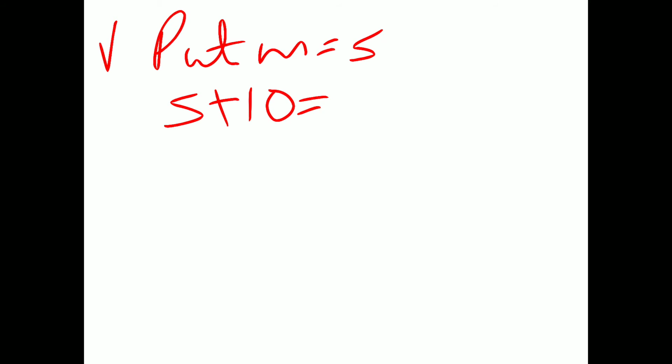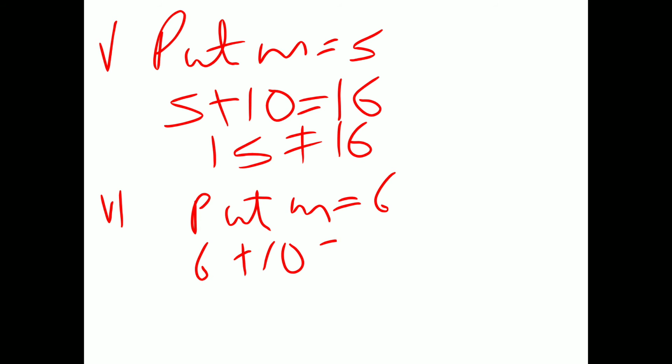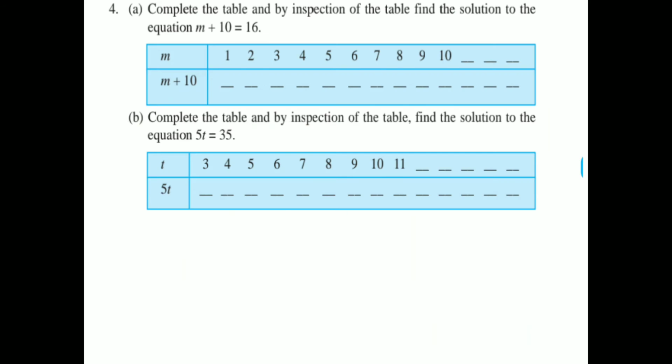Fifth one, we put m is equal to 5. 5 plus 10 is 15. So 15 is not equal to 60. Now we put m is equal to 6. 6 plus 10 should be equal to 60. Yes, 16 is equal to 16. In this manner you have to put all the values, till 11, 12, 13.